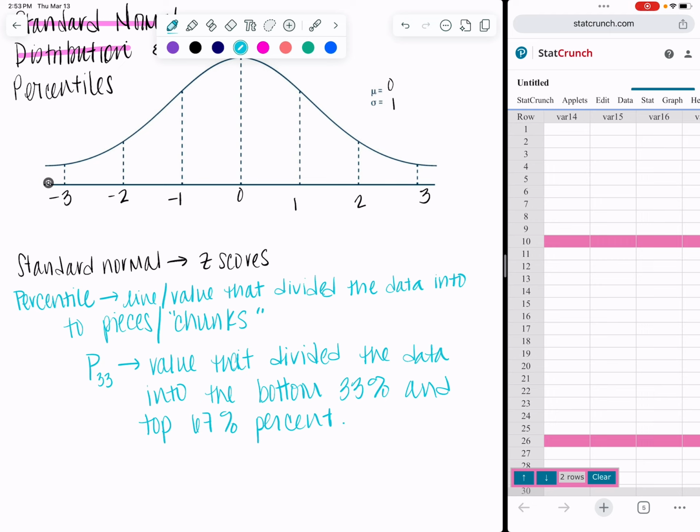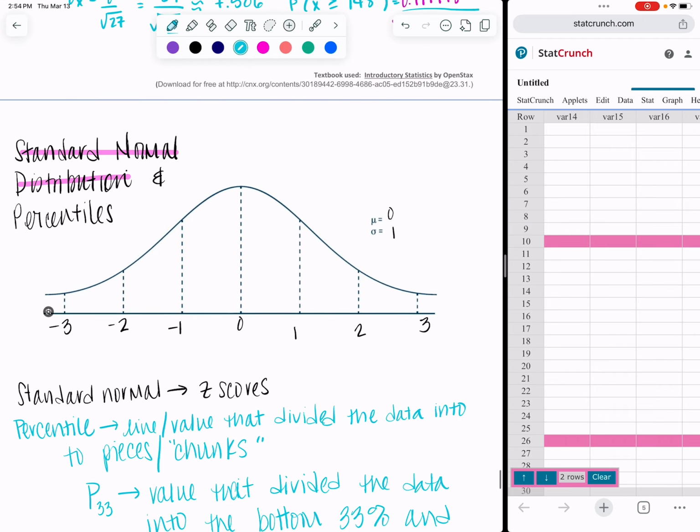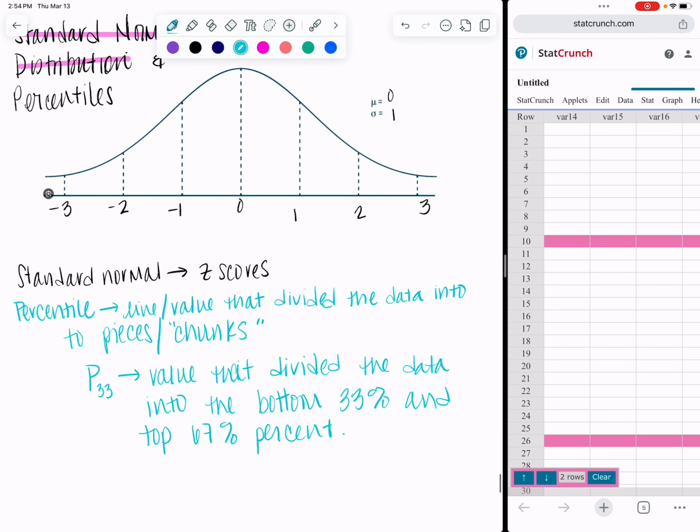When we look at percentile with z-scores and the normal distribution, percentile deals with area.